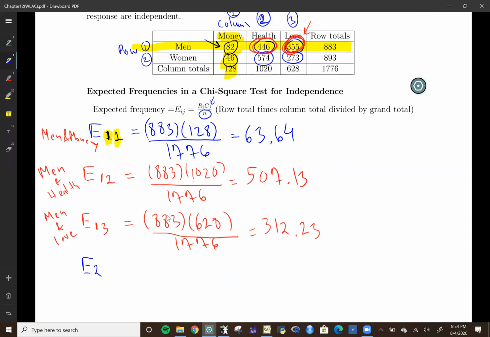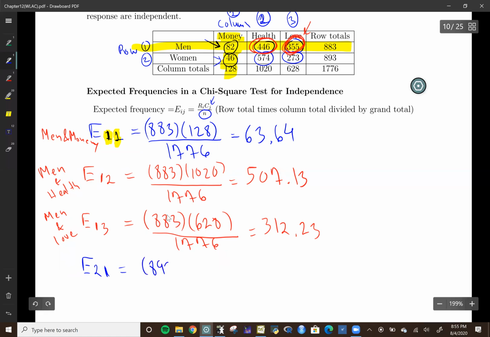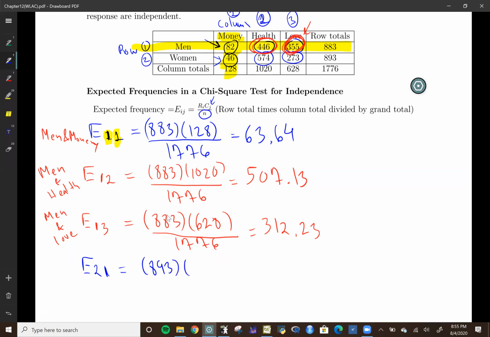And let's do women and money. So we'll do 2, 1. That means we're looking at row 2 and column 1. Row 2 total is 893. But now since we're looking at column 1, it's 128.